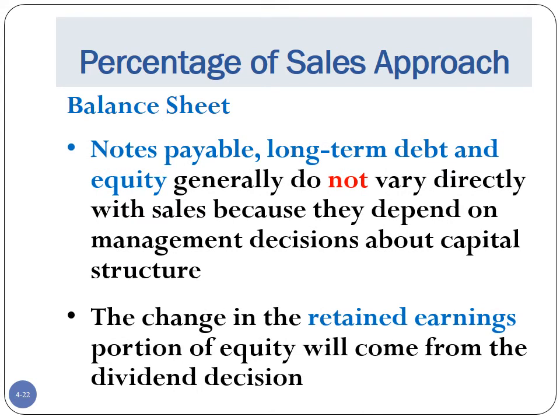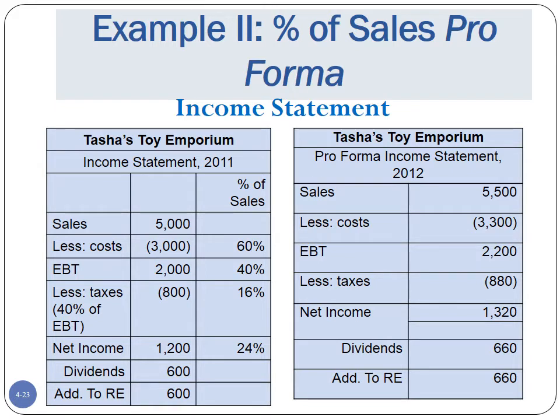Notes payable, long-term debt, and equity generally do not vary directly with sales because they depend on management decisions about capital structure. And then again, the change in retained earnings portion of equity will come from the dividend decision, not from the sales forecast.